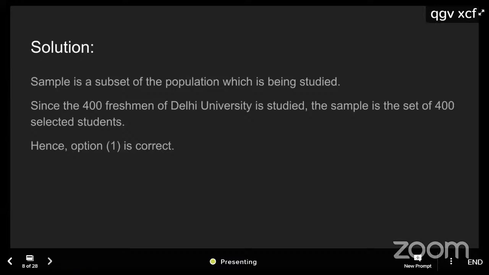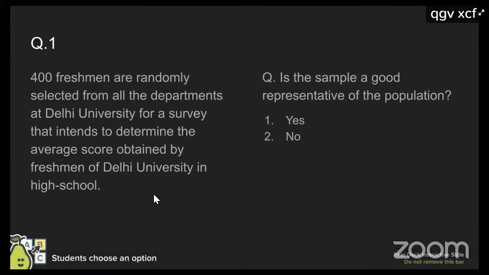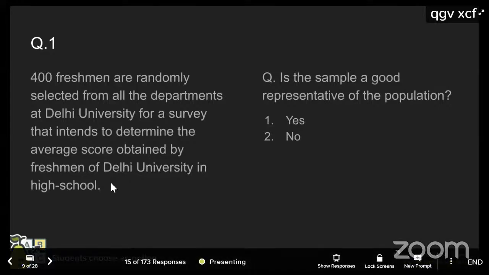The previous one was a prelude. This is the main question, so read the question and attempt it. I think it will take hardly 1 or 2 minutes.